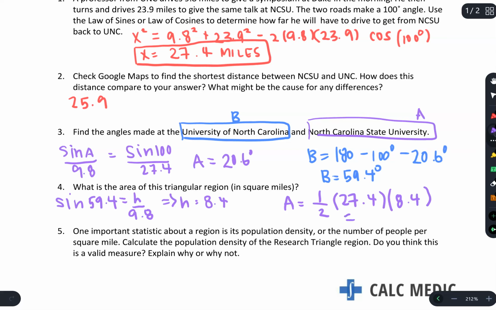So what do you get for your area? 115.1, roughly. Okay, what's my unit in here? Miles squared. Good deal. Square miles. Is everybody good with that? Does that make sense? Okay.